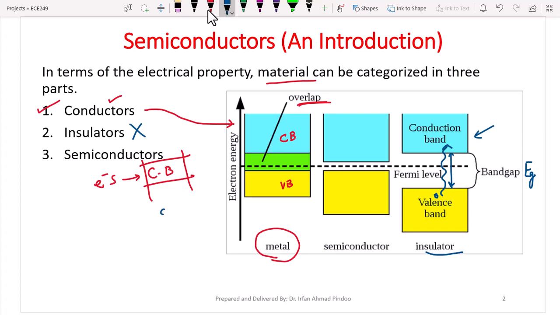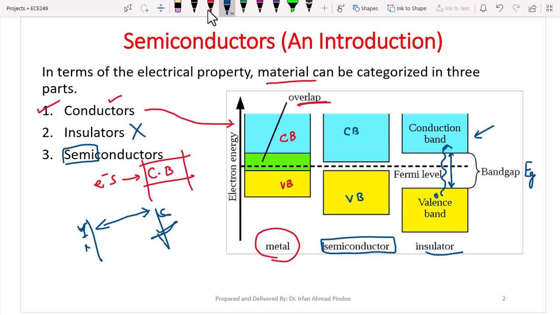So we have conductors which are extremely good at conduction, and we have insulators which do not conduct at all. Now in between we have a material that we call semiconductors. In semiconductors, again we have a conduction band and a valence band, but in between them the energy band gap is very small.